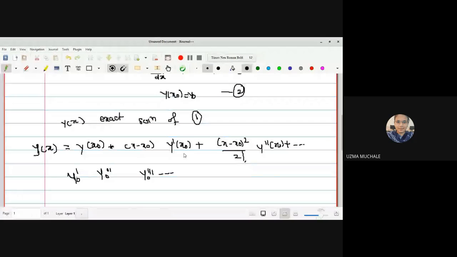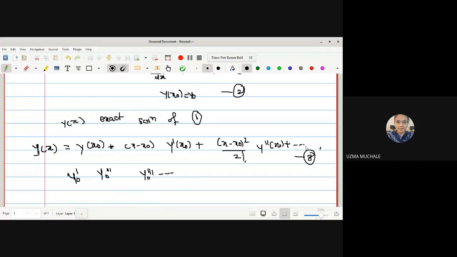So we need to find out the derivatives, y dash, y double dash, and all, but we have to find their values at the point x naught. If you are able to find out all these, then we can put them in our equation and solve it. We can name this equation 3. Now, if we know the values of those derivatives, y naught dash, y naught double dash, y naught triple dash and all, then after finding all these, we can put them in our equation so that we can get the solution.